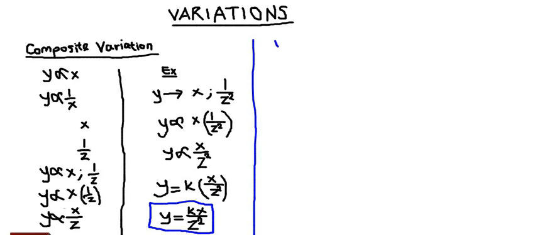Our equation of variation is y is equal to kx over z squared.